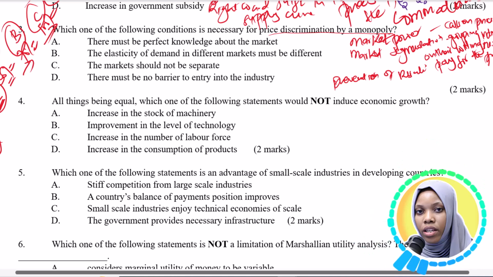And the last condition that I have prepared for you is different elasticities of demand. We said the monopolist must face consumer groups with different elasticities of demand.